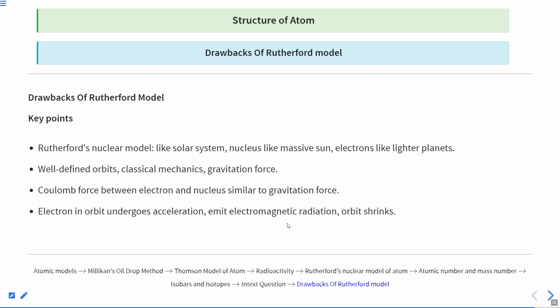Now, if you talk about the Rutherford model that we saw earlier, of course it has a nucleus in the middle and electrons revolving all around it. The difficulty with that was that it was compared with the solar system.